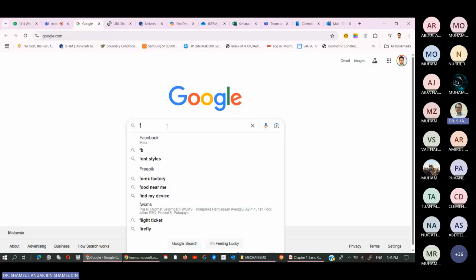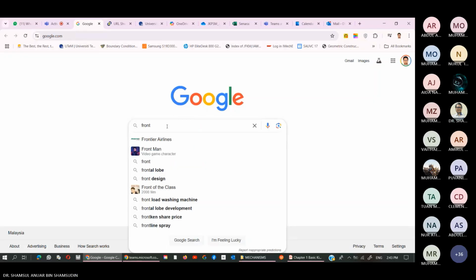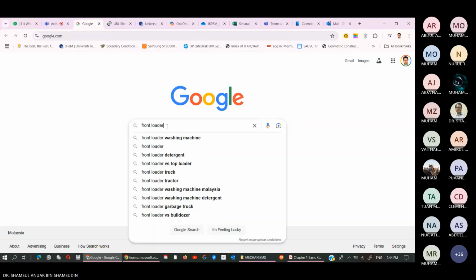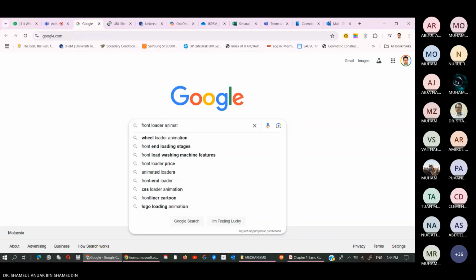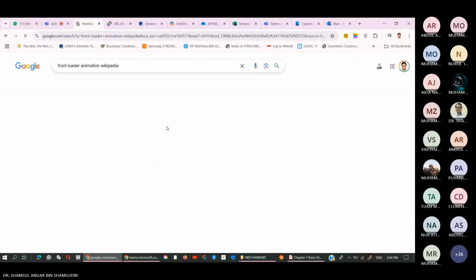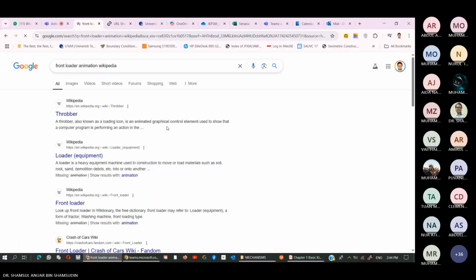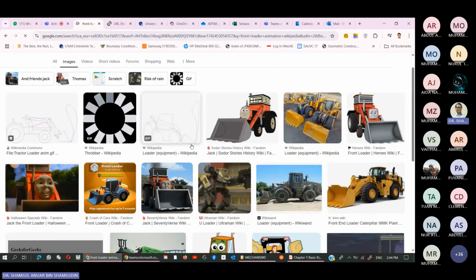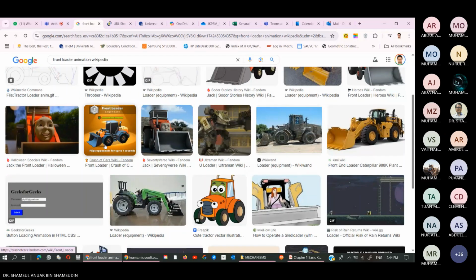Front loader animation, Wikipedia, I guess. Any fan of Thomas?